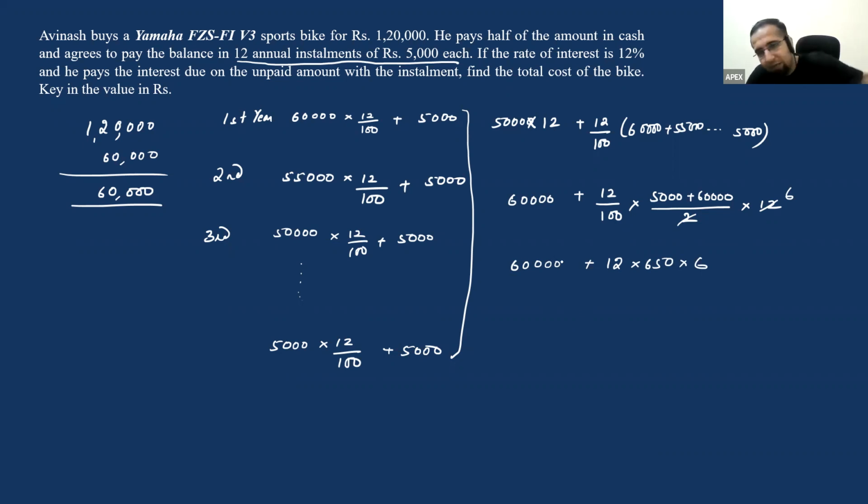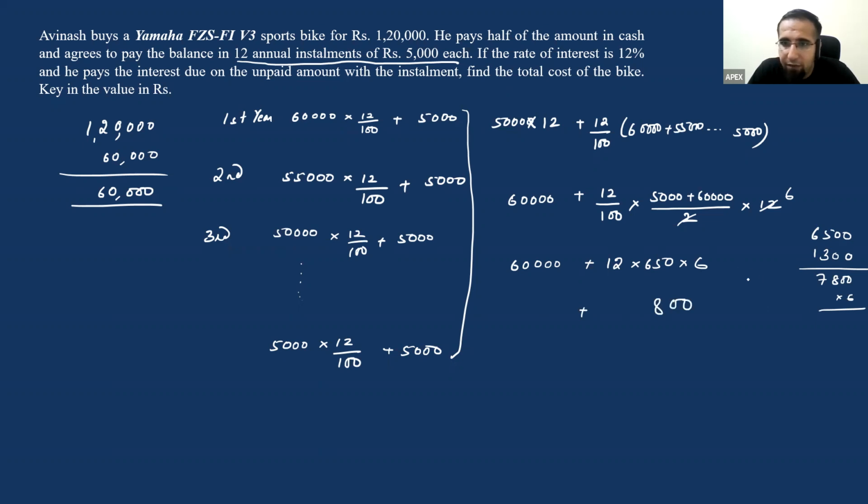So if you do a simple calculation here, then 12 into 650 is 650 into 10, that is 6,500, and 650 into 2 is 1,300, and therefore you get 7,800. 7,800 into 6 will give you the final value.